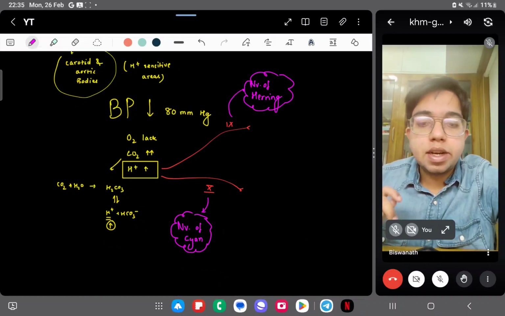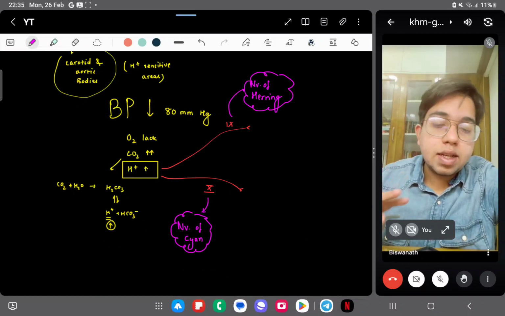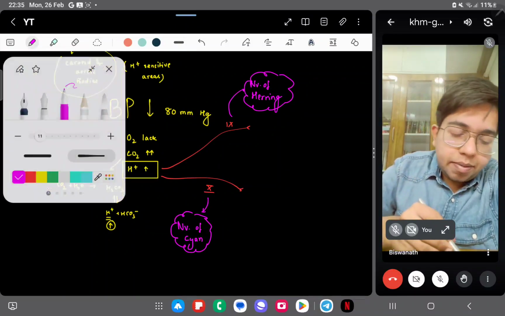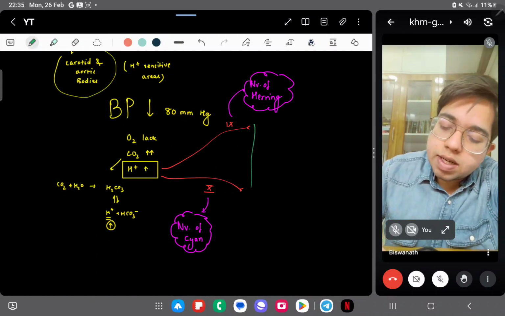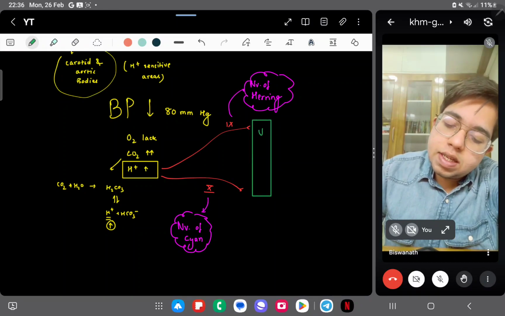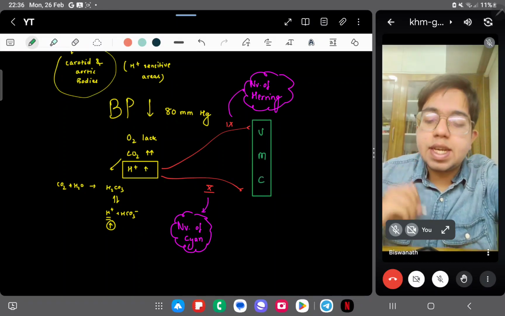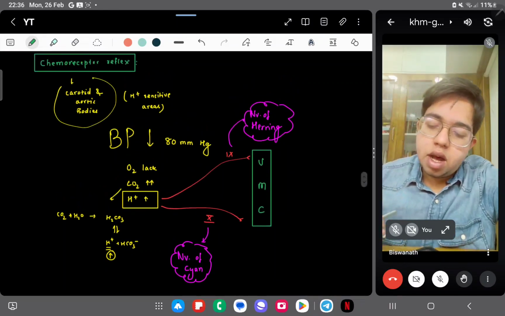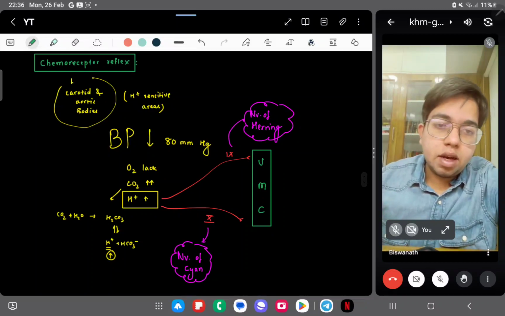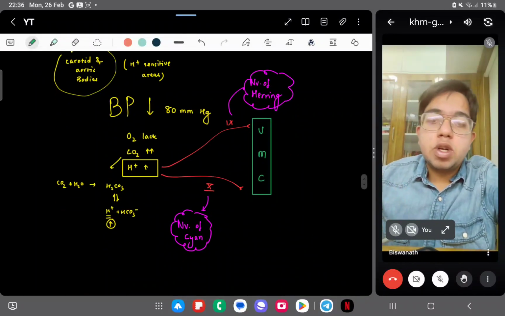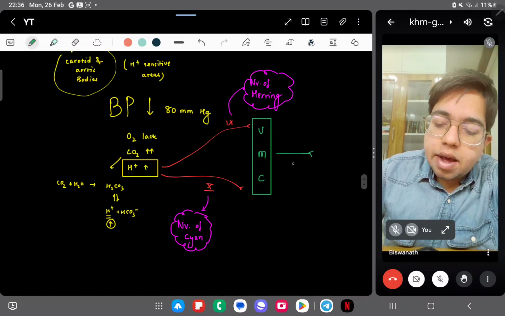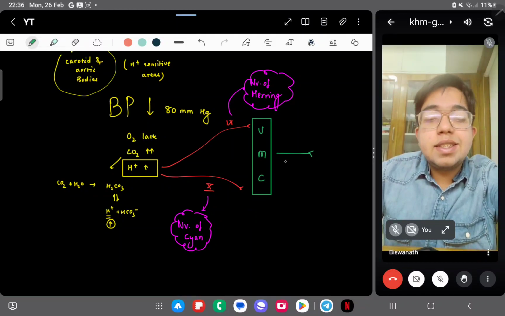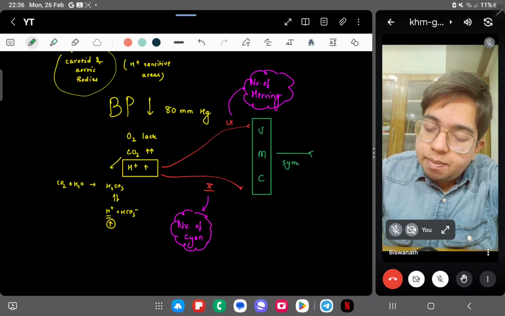sensations of this increased blood pressure to another center, not NTS this time, directly to the vasomotor center. So now this is your vasomotor center, which is getting directly stimulated by this ninth nerve and 10th nerve. And from this vasomotor center, there will be some nerves arising, the sympathetic nerves, simply sympathetic nerves.